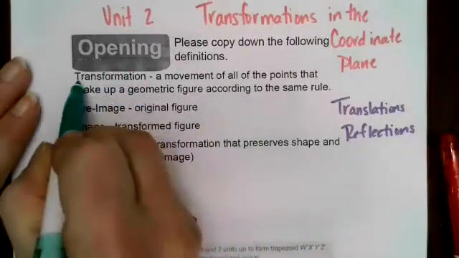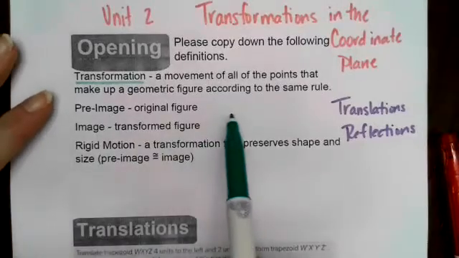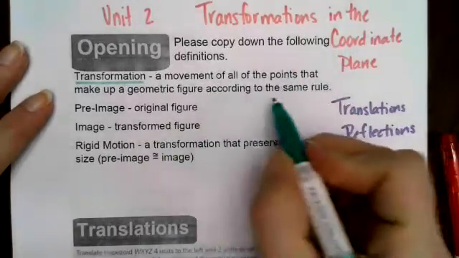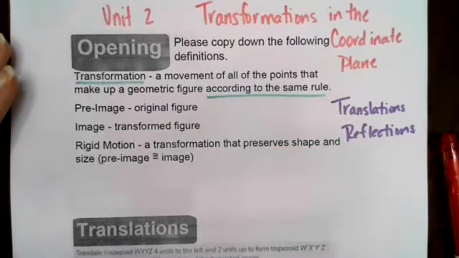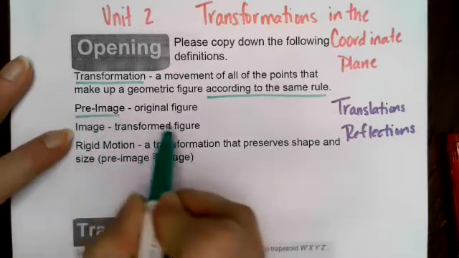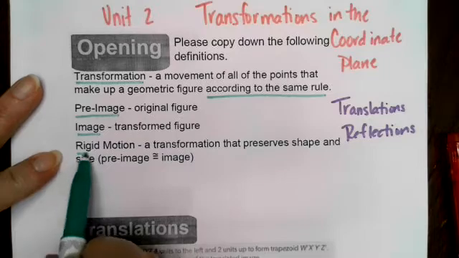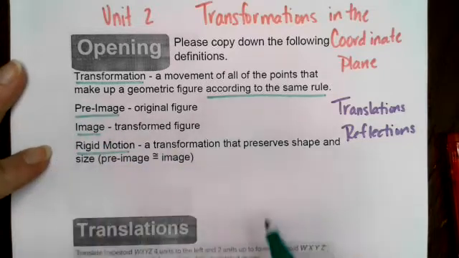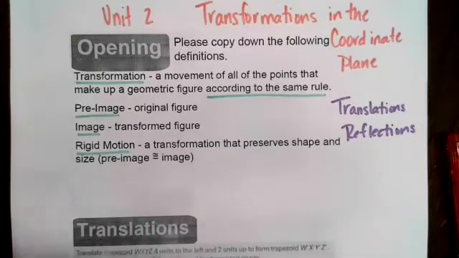A transformation is a movement of all the points that make up a geometric figure according to the same rule. So this is kind of important. I'm not going to multiply the x by 2 on one point and by 3 at another point. The pre-image is the original figure and the image is a transformed figure. And then rigid motion is a special type of transformation that preserves shape and size.